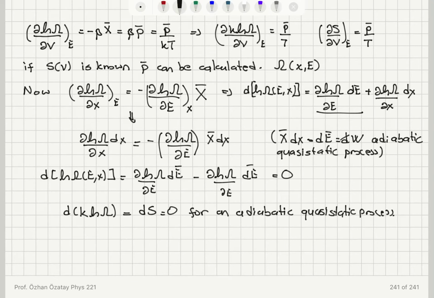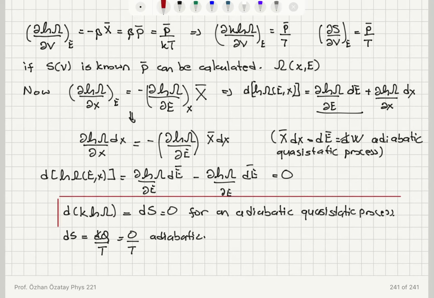And this actually is quite evident if you look at the quasi-static change in entropy, which is d bar q over T, and since d bar q is equal to 0, this will be 0 over T for an adiabatic process. So indeed the change in entropy is expected to be 0 for an adiabatic quasi-static process.